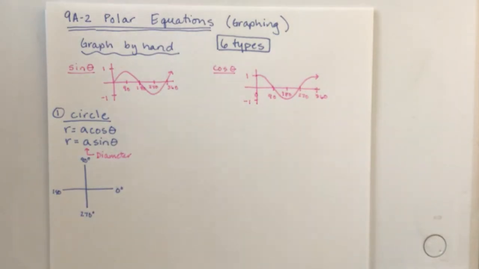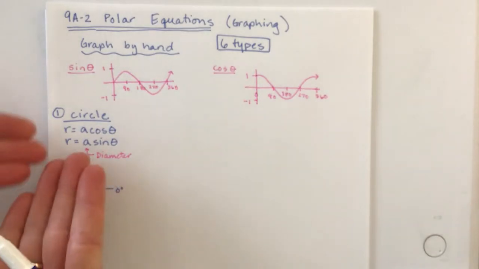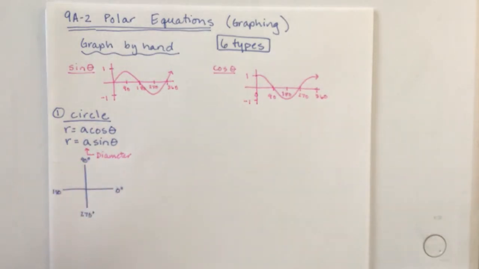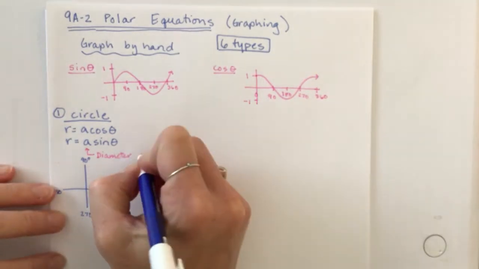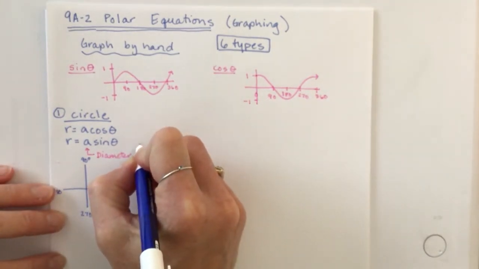If we didn't know how to graph the parabola, we would do an XY table. Well, we're going to do the same thing here. We don't know what this graph looks like, right? So instead of an XY table, we're going to do a theta R table.